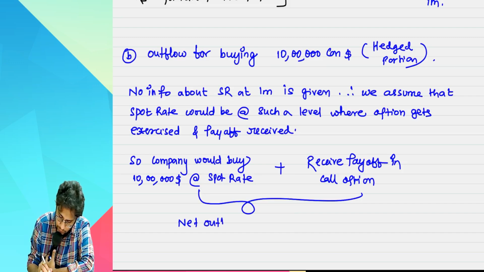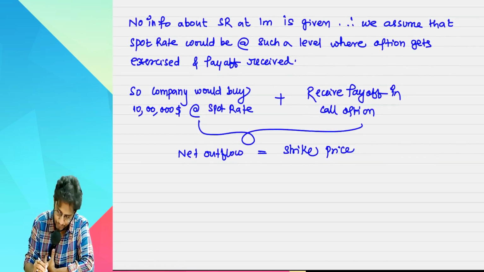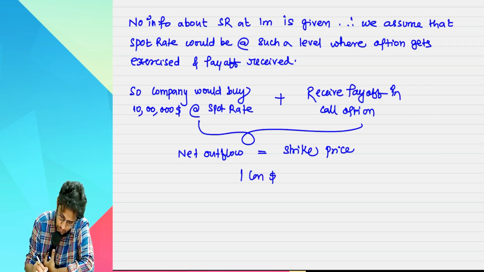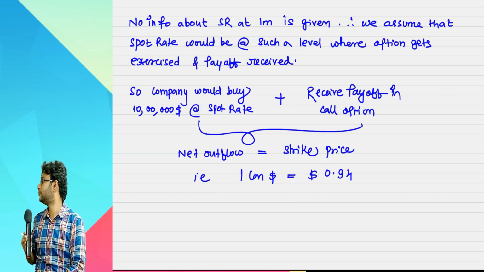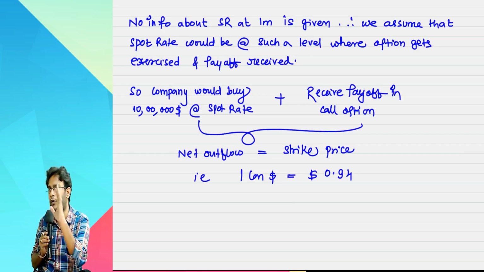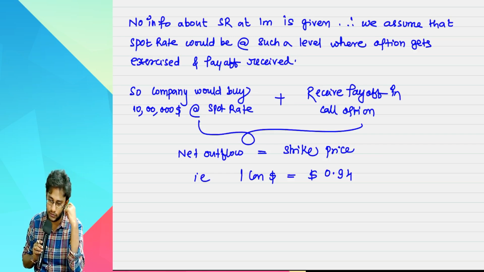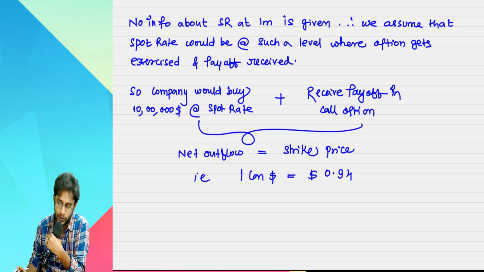The net outflow would be equal to strike price. You put any spot rate, your choice, answer will be that only. Provided that spot rate should be higher than the strike price, otherwise option cannot be exercised.